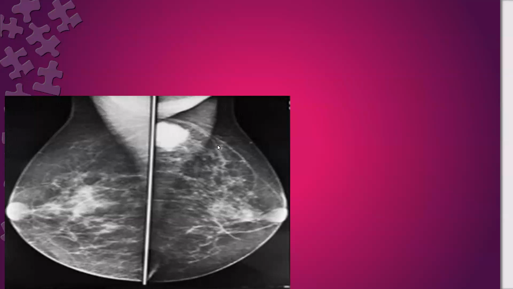Axillary tail, it is projecting in the pectoralis muscles. It is in the pectoralis, deep posterior, and even the posterior of the mass is not included, not seen.